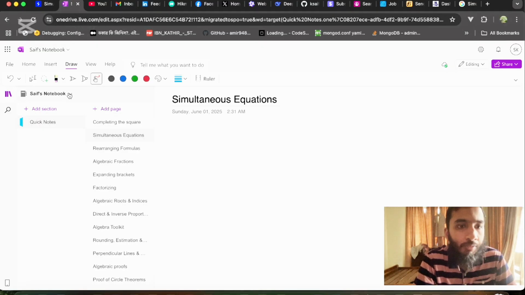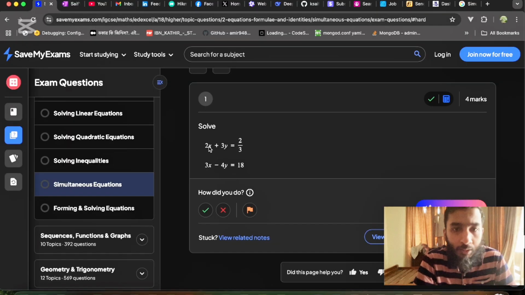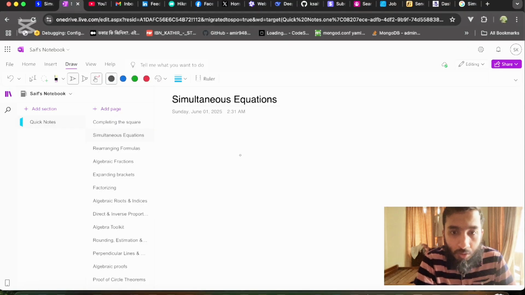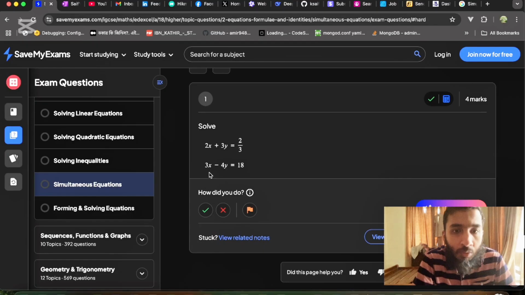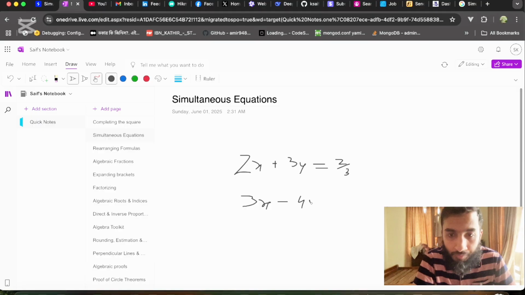If I use my pen tool and write the equations, the first equation is 2x plus 3y equals 2 by 3. The second equation is 3x minus 4y equals 18. So these are the two equations given.